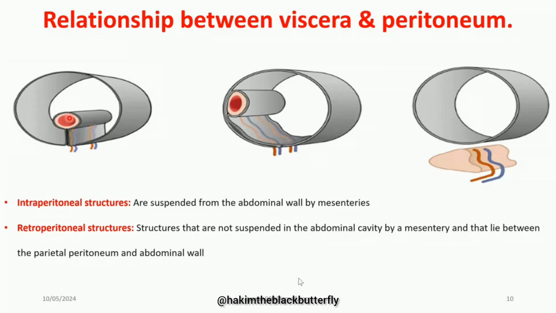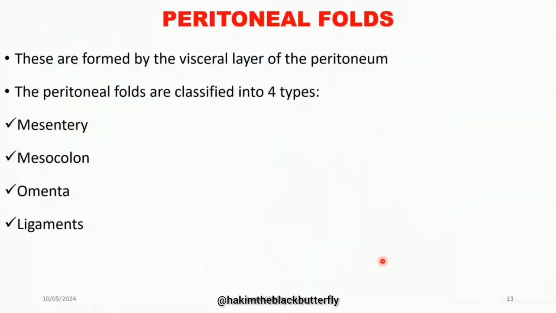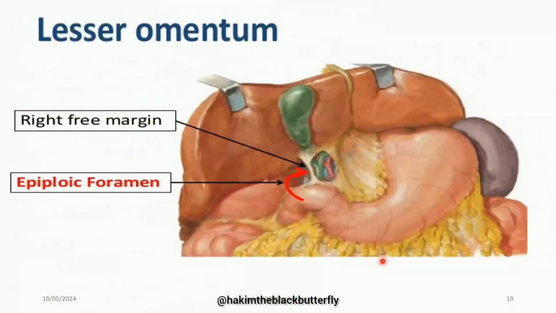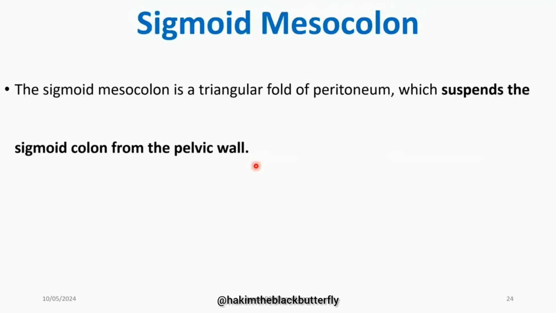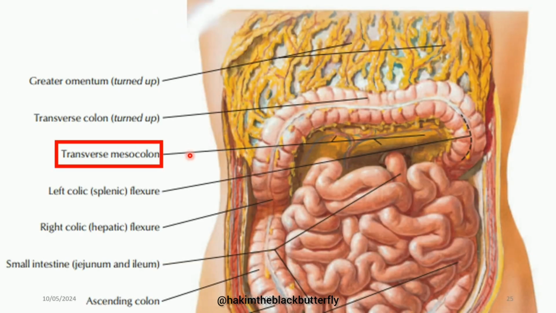She's requesting more light about the transverse and the sigmoid mesocolons. Those two were clearly talked about. We say that the transverse mesocolon suspends the transverse colon from the posterior abdominal wall, and the sigmoid mesocolon suspends the sigmoid colon from the pelvic wall. The transverse mesocolon connects the colon indirectly to the posterior abdominal wall, making it freely hanging in the abdominal cavity.